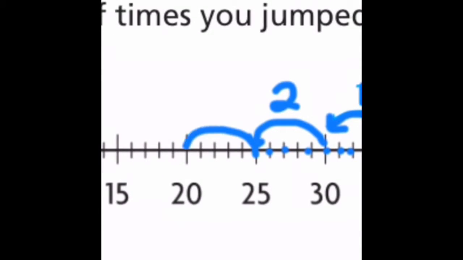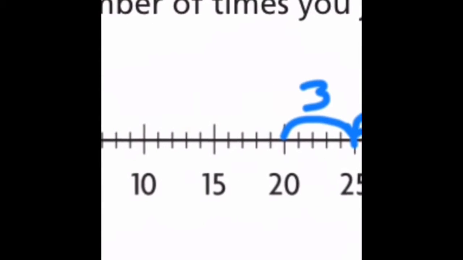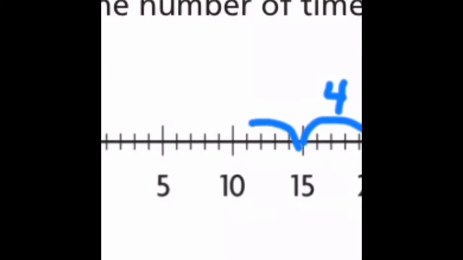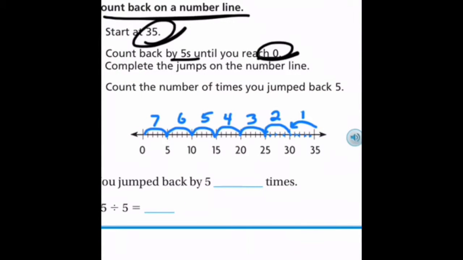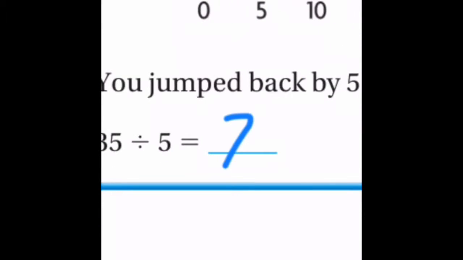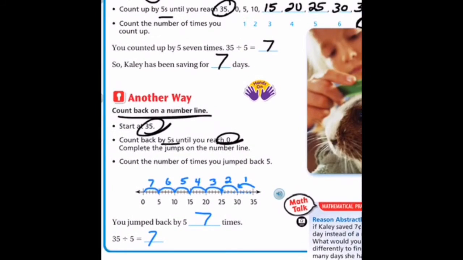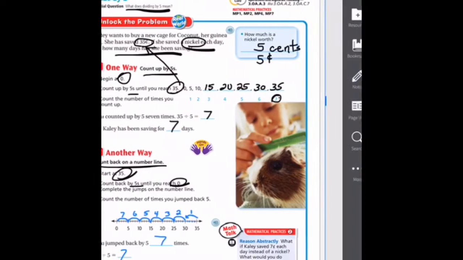Count back 5 more, that's 3 times. 5 more, that's 4 times, 5 times, 6 times, or 7 times. There we go. Counted back 7 times, jump back by 5 7 times, so 35 divided by 5 is 7. We're used to those strategies by now, right?